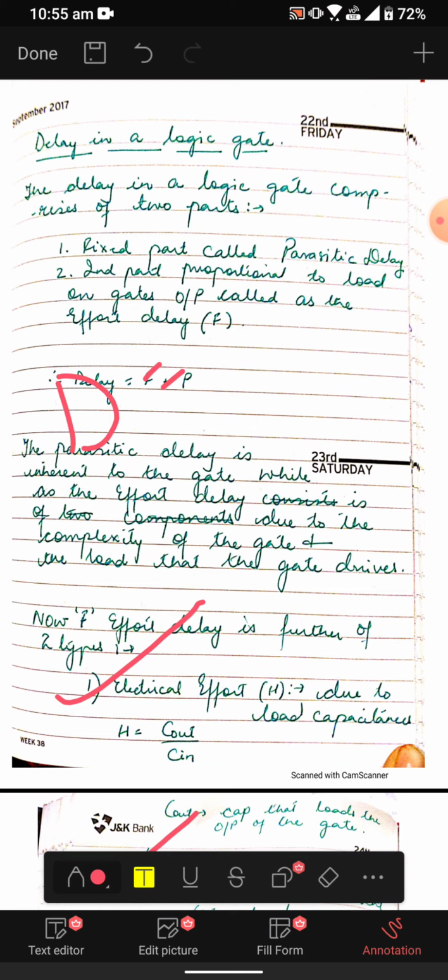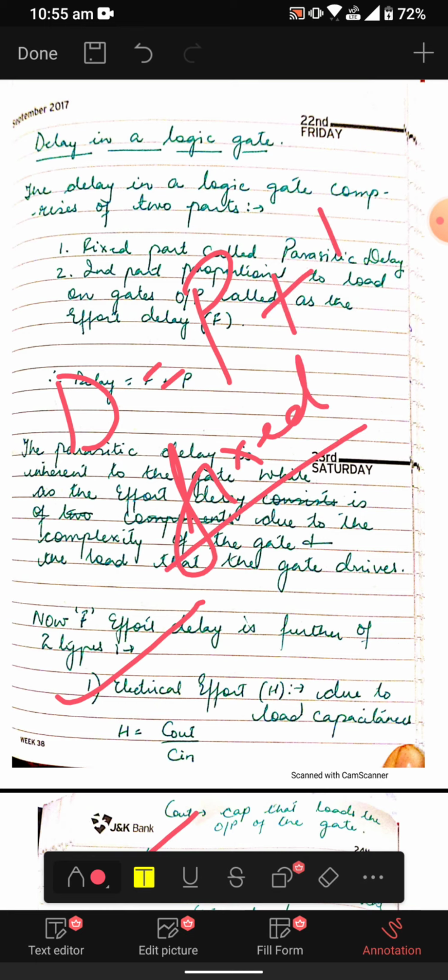The first one is the parasitic delay P, which is fixed. It is due to the complexity and the fabrication of the gate. And the second one is the load we have externally placed, the capacitance at its input or at its output, that varies the effort delay. Sorry, this is not H, this is F.